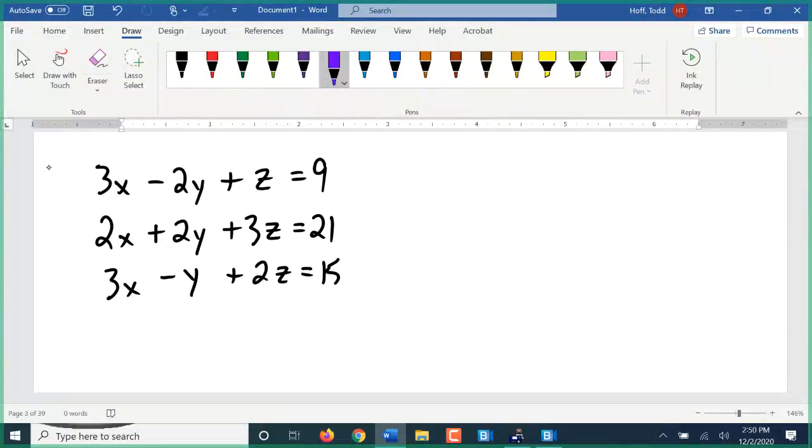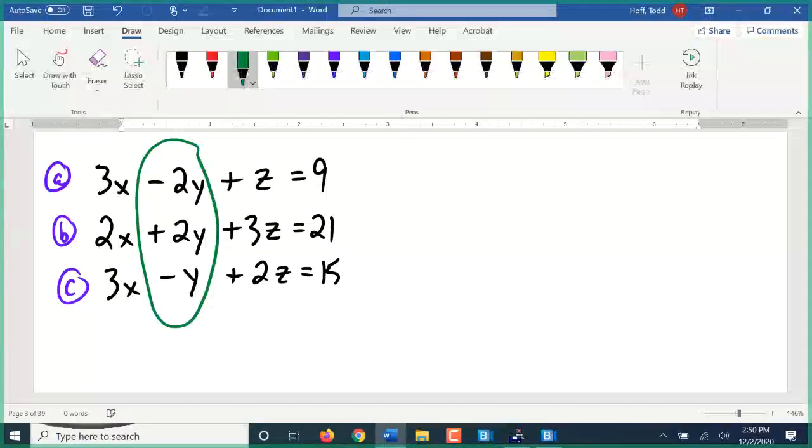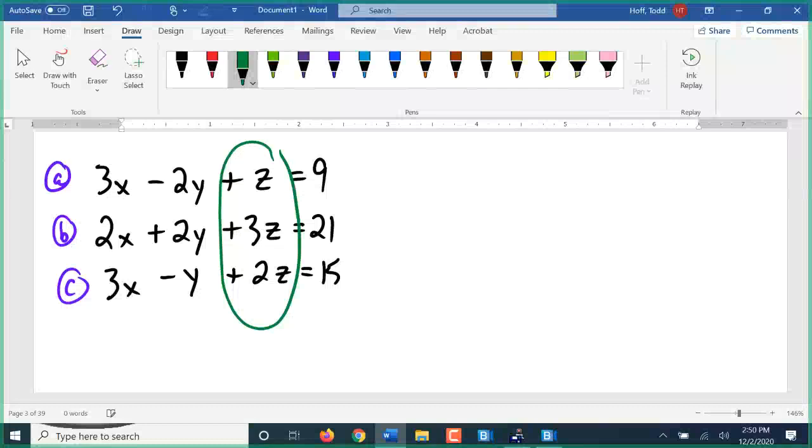Once again, I'm going to label my equations A, B, and C. If I'm looking for a least common multiple for x, well, I've got 2's and 3's. That would be 6. That wouldn't be terrible. For y, I've got 2's and 1's, so 2 would be our least common multiple. And for z, I've got 1's, 3's, and 2's. Again, that would be 6.